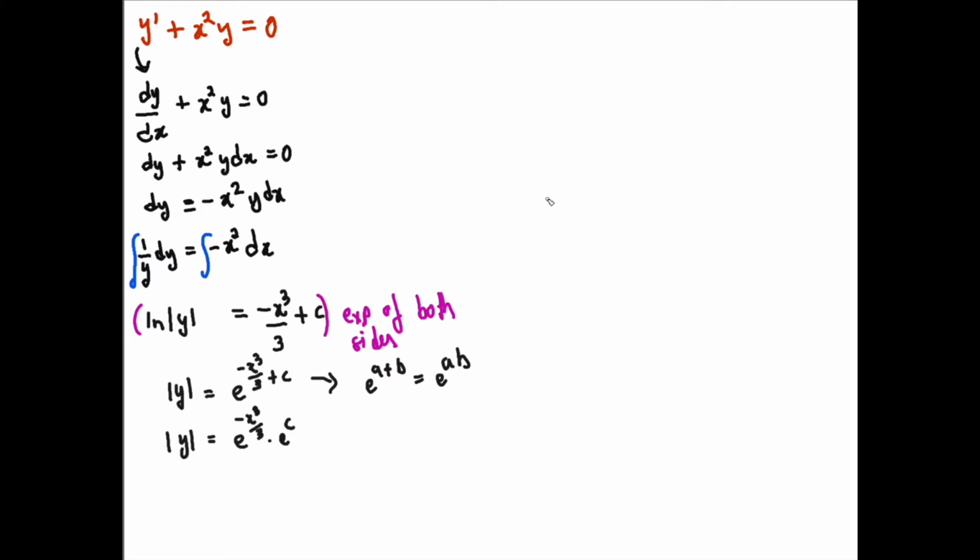And we know that the exponential function can never be negative. The exponential function looks something like this, right? So it's never negative. What this is telling us is that this side is always going to be positive.